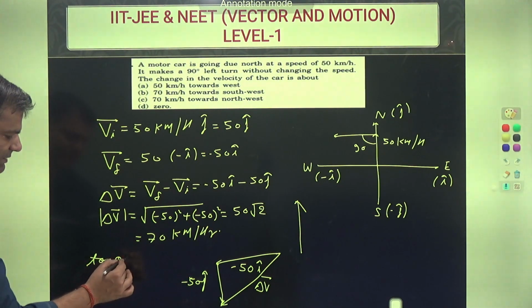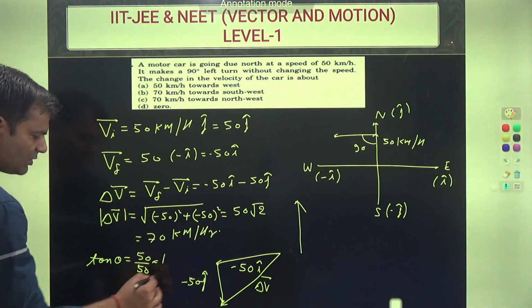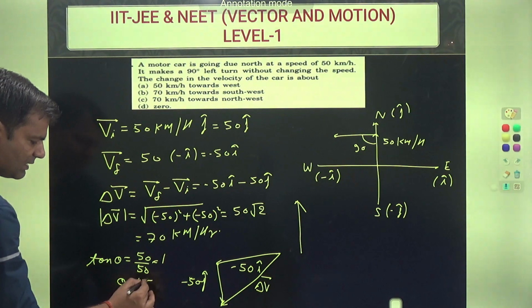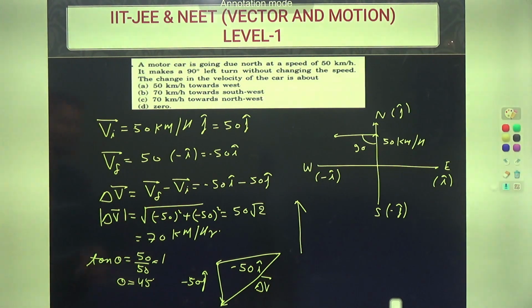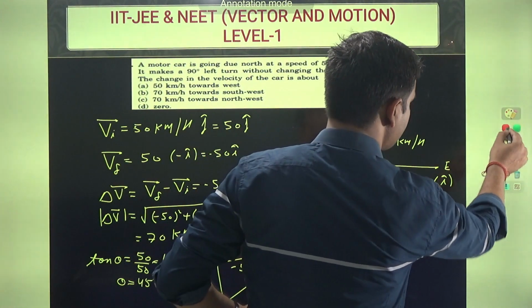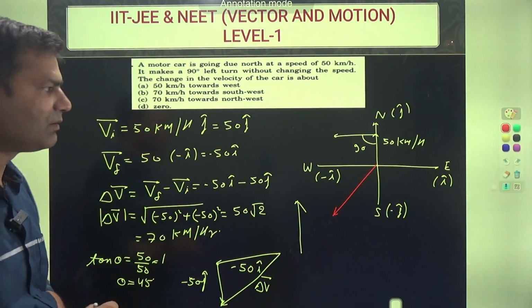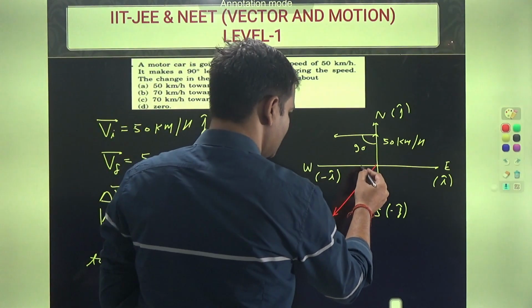Tan theta is written as 50 divided by 50. That is 1. So theta is 45 degree. So what about the final answer? You can say that the change in speed is 70 km per hour and that one is 45 degree.